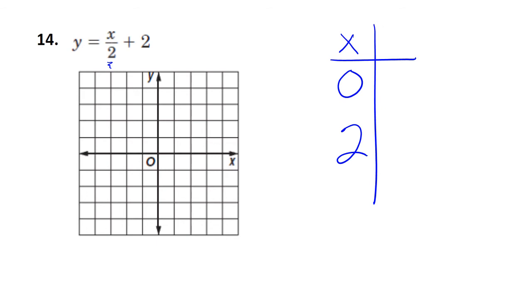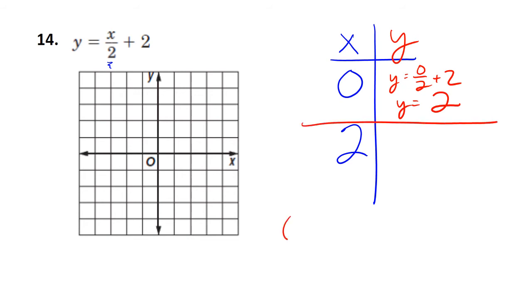So I have my two x values. Let's find the corresponding y values. If I fill in 0 in my function, y is equal to 0 over 2 plus 2. When I do all the math, 0 plus 2 gives me y is equal to 2. So my first ordered pair is 0, 2.